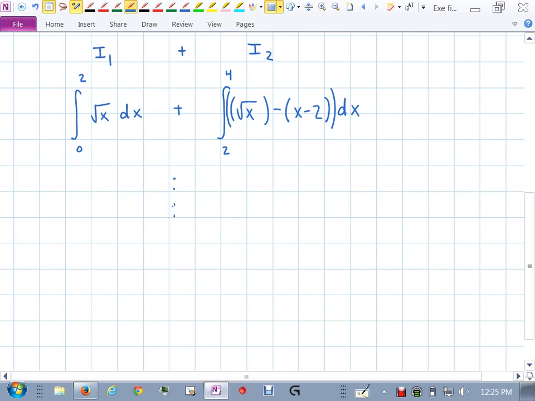Yes. If you were asked to find the total area, yes. You have to find all their intersection points and break it up into separate integrals. Is that what you're asking?